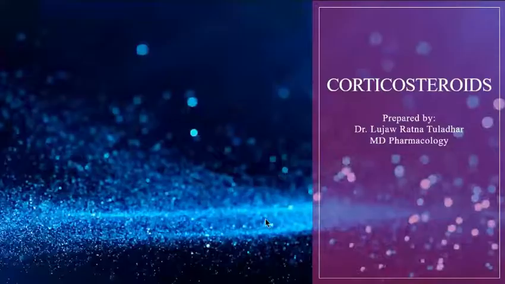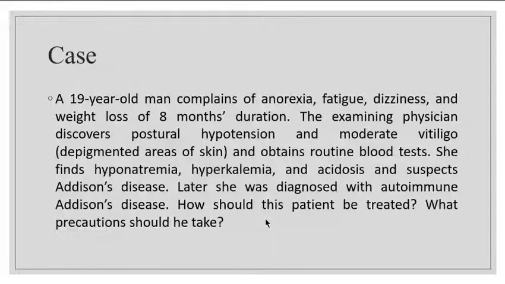The physician finds hyponatremia, hyperkalemia, and acidosis and suspects Addison's disease. Later, he was diagnosed with Addison's disease. The patient will be treated. What precaution should he take? Can someone tell me the answer for this Addison's disease?